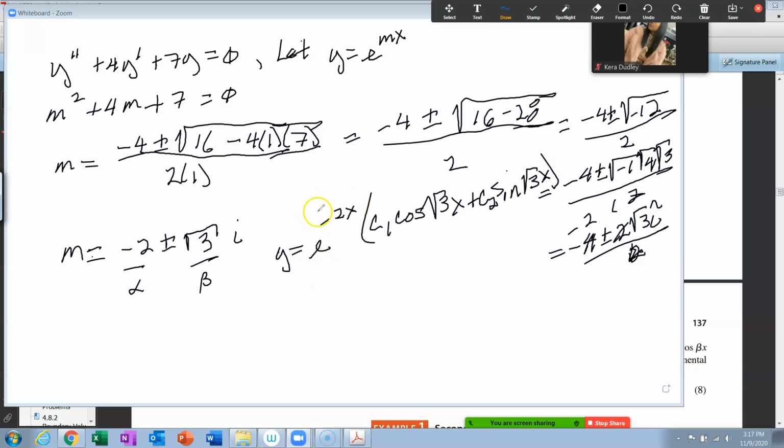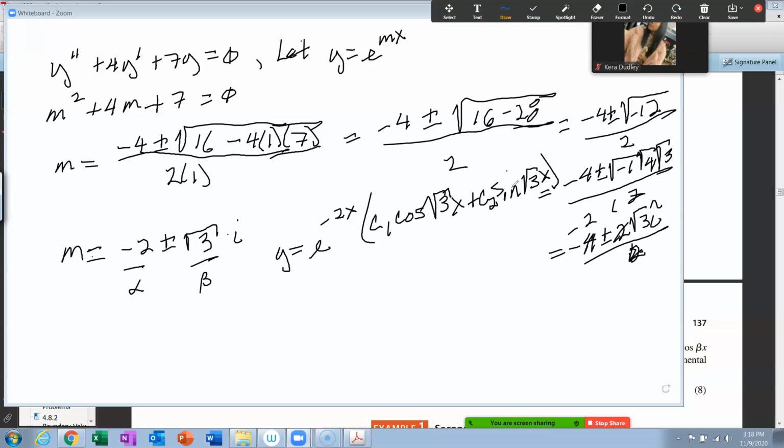The real part goes here, the minus 2 goes here as the coefficient for x, and the beta is the coefficient for your imaginary part, so that's cosine root 3x plus sine root 3x. You put an arbitrary coefficient with each one, and that's what you see they give you in the book. e to the minus 2x times c1 cosine root 3x plus c2 sine root 3x. Remember, the root 3, whatever this is, that's what's under the radical. The x is outside the radical.